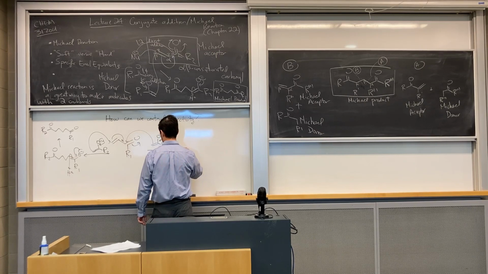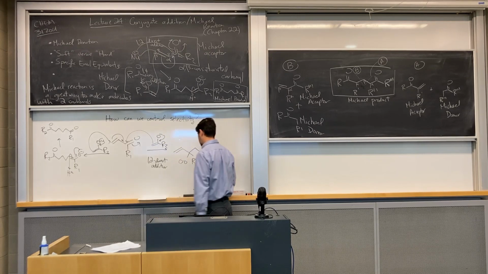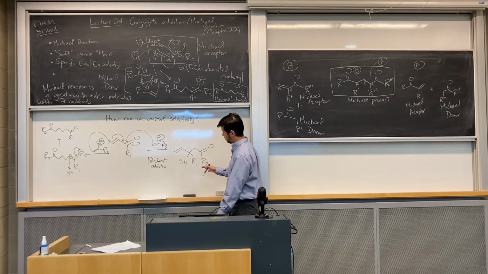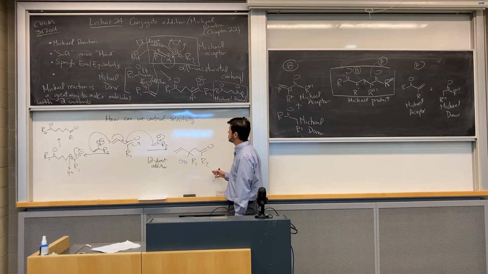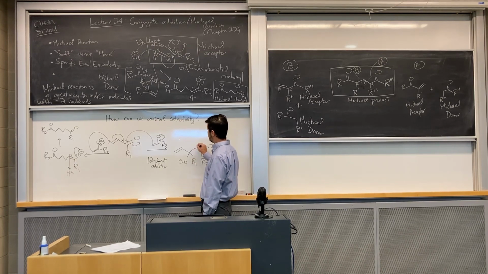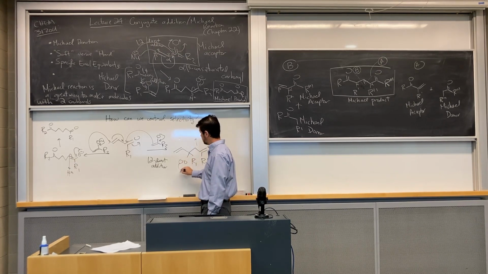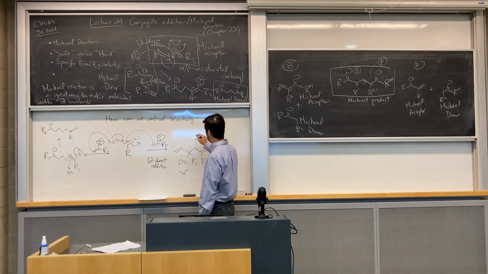And your compound will look like this through the direct addition. And then what will happen is that this will pick up a proton, and you will generate this compound.